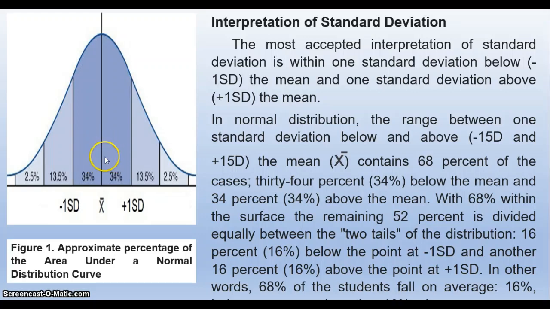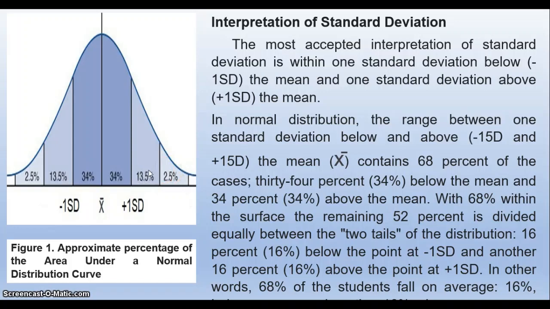Within 68%, the remaining 32% is divided equally between the two tails of the distribution: 16% below the point at -1 SD, and another 16% above the point at +1 SD.